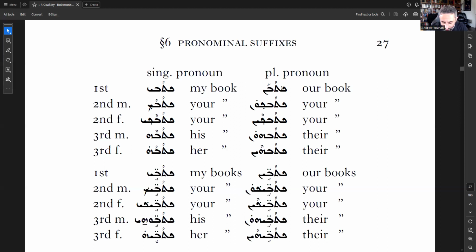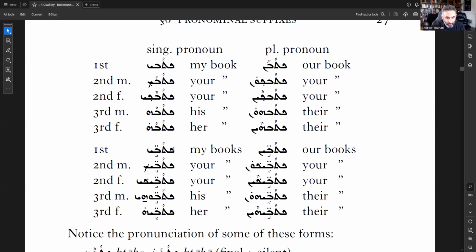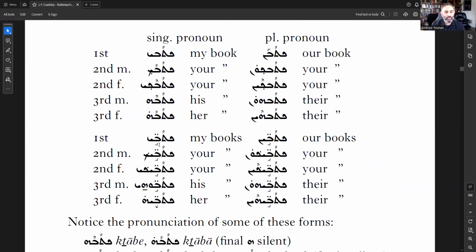Okay. My books. Now when you have a plural masculine noun, you say kthawai, my books. So kthau or kthawi is my book. Kthawaik, your books. Kthawaik with a silent yod there, your feminine books.